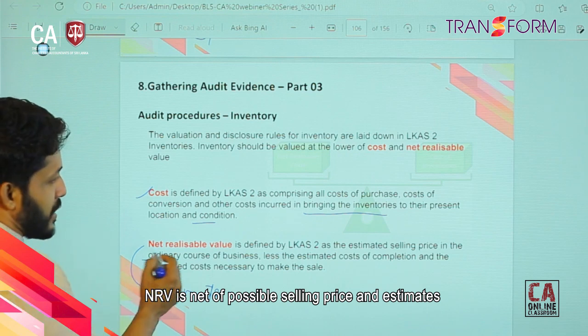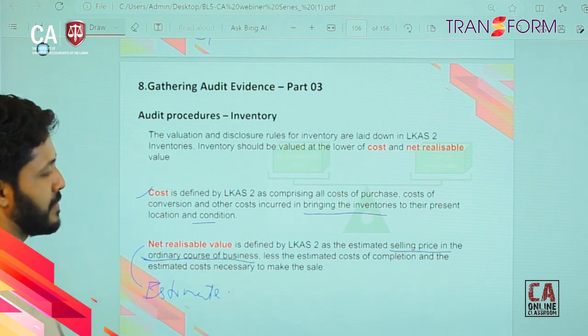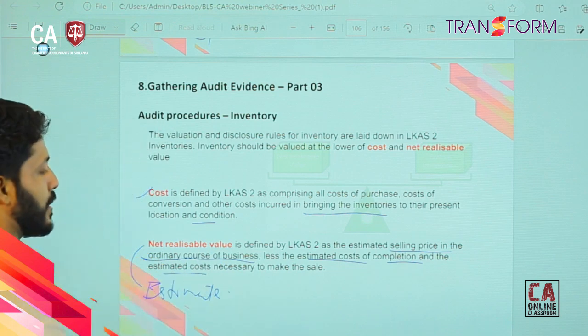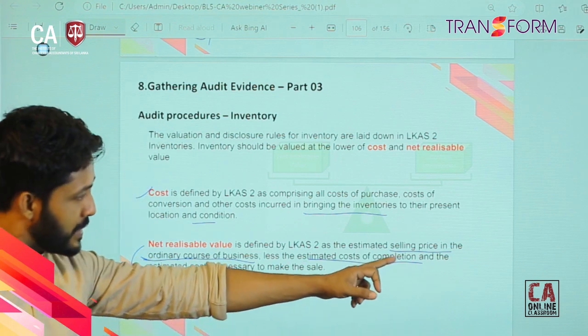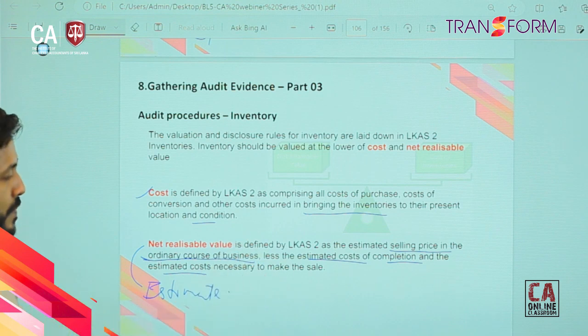So that should be the selling price in the ordinary course of business less estimated cost of completion and the estimated cost necessary to make the sale. That is called net realizable value.